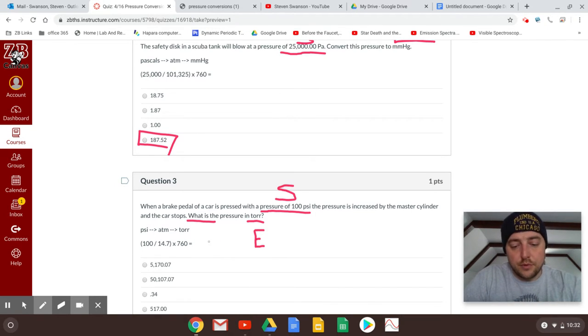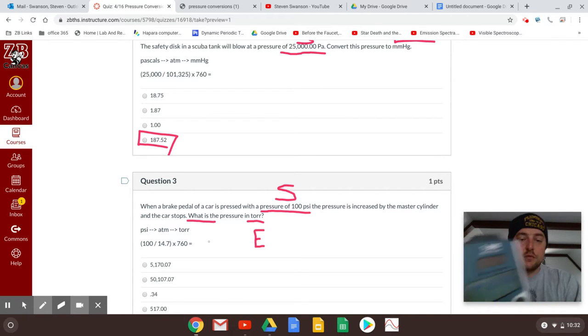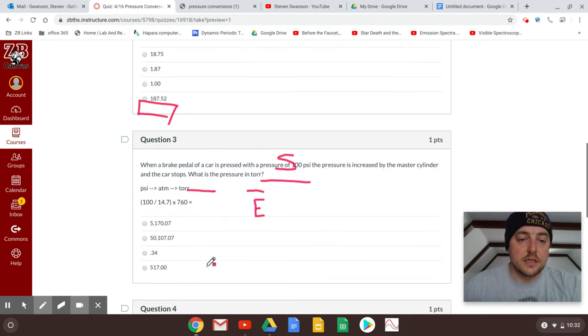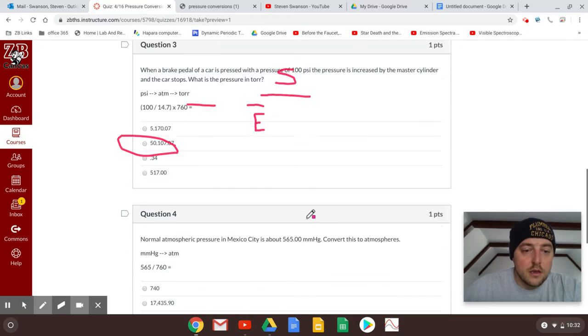So parentheses 100 divided by 14.7 and parentheses times 760. That's what should show up on your calculator. You hit enter, 5,170.068, which should be 5,170.07, because that's what it would round up to.